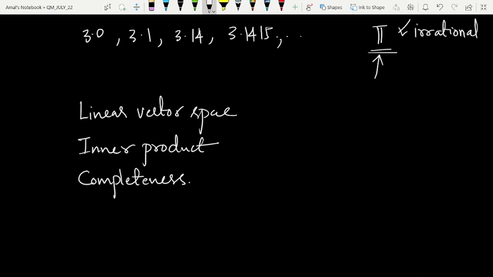So if a set of vectors satisfies all the properties of linear vector space, all the properties of inner product, and all the properties of completeness, then we call that space, or that collection of abstract objects, a Hilbert space.